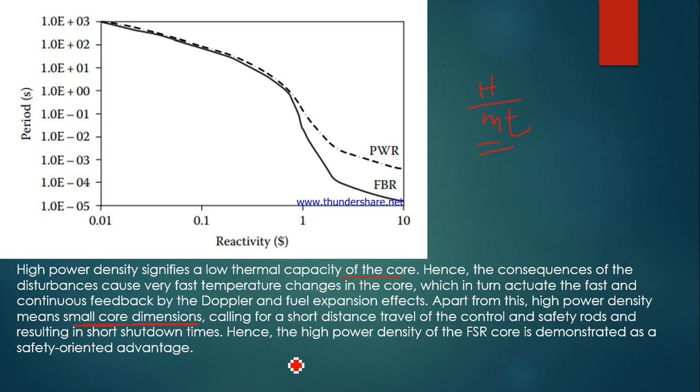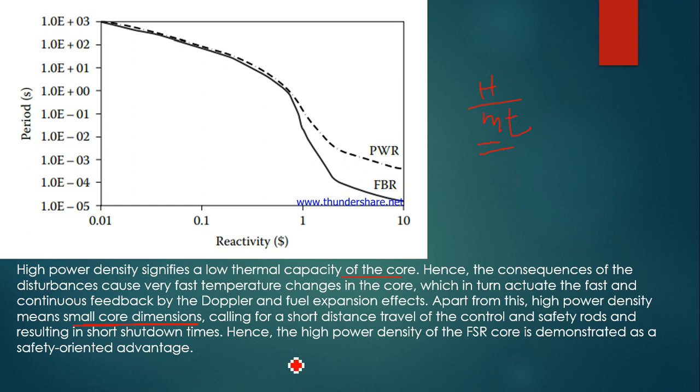So this feature, even though it seems like a transient effect, means the thermal capacity is low, but due to that the temperature may change very fast. Very means you can very easily control the temperature.